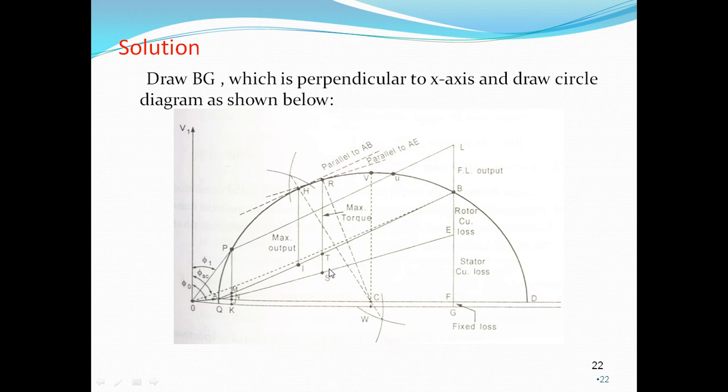So to get the maximum torque, what will we do? What is the torque line? AB is the torque line.